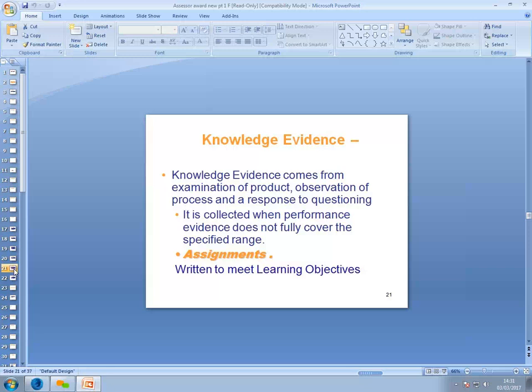For those of you that have used any sort of assignment-based projects, there will be, again, indicative content, and usually awarding bodies will put guidelines for assessors. Quite often, I will use those guidelines to give to my learners, so they know exactly what I'm going to be looking at.